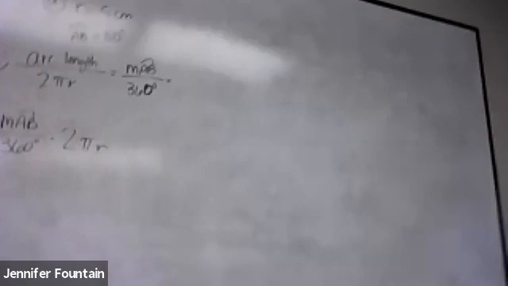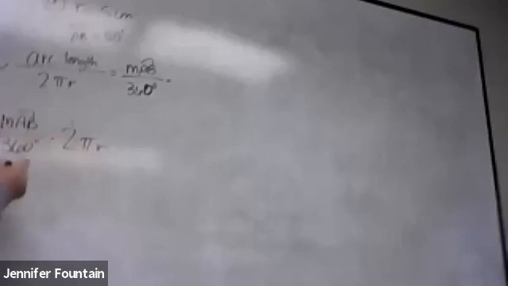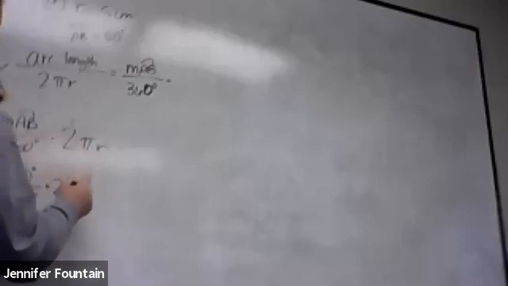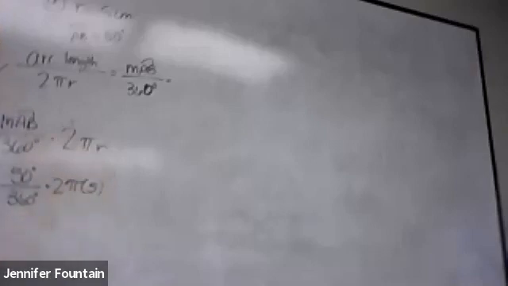I'm going to use this formula here because I know the measure of AB and I know the radius. So I'm going to plug this in. My measure of AB, we said, was 50 degrees over 360 degrees times 2 times pi times 5, because they told us these two things.